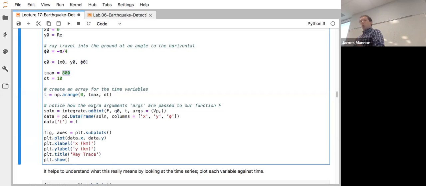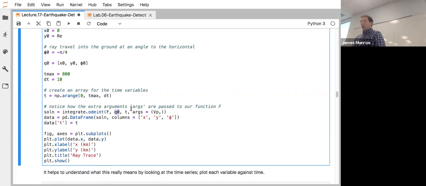So I'm going to use a solver that comes in SciPy called odeint. You can use any integrator you want. I'm just going to use this built-in one. You pass into it the right-hand side, the initial state, and all the times you want to solve for. You can actually pass in additional arguments as well, because of course the speed of this thing depends upon the velocity model.